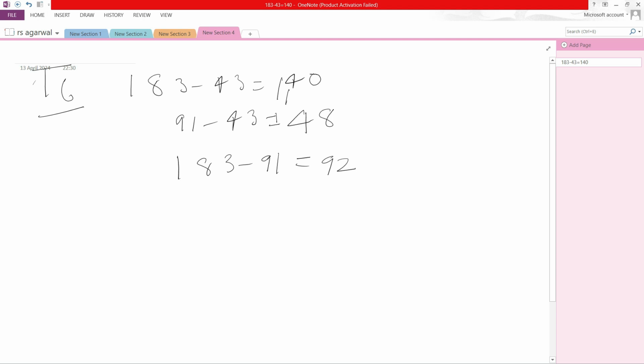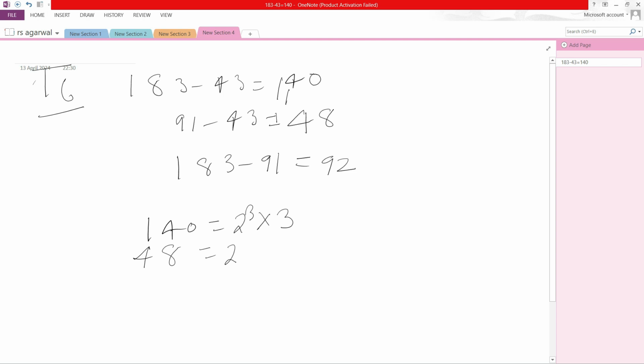So we'll go for the HCF of these numbers. So 140 is equal to 2 cube into 3.